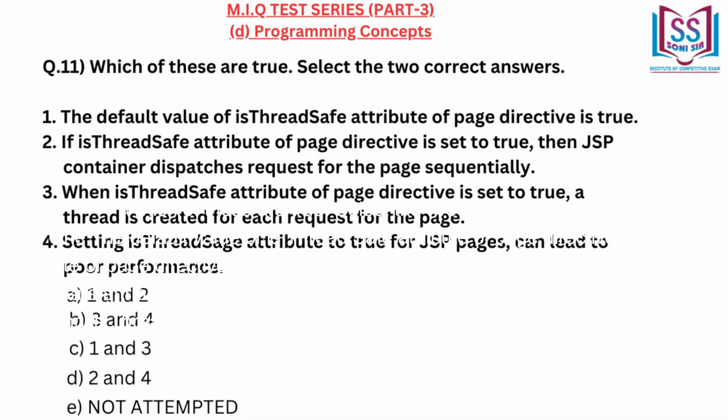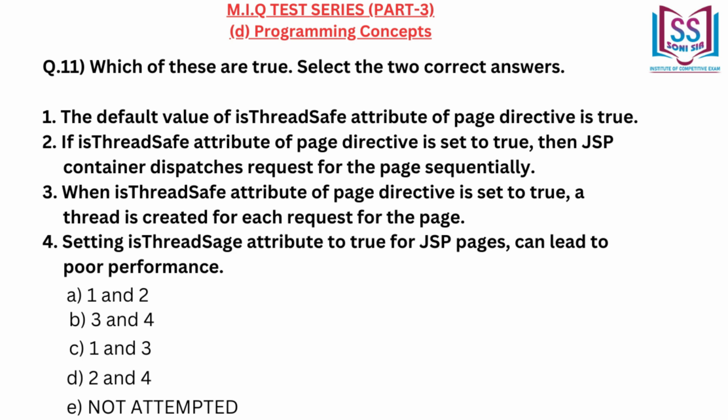Which of these are true? Select the two correct answers. 1. The default value of isThreadSafe attribute of page directive is true. 2. If isThreadSafe attribute of page directive is set to true, then JSP container dispatches requests for the page sequentially. 3.